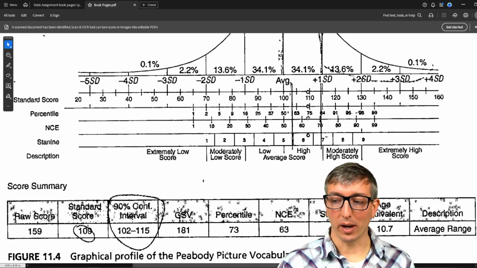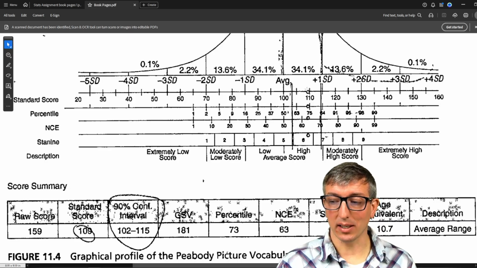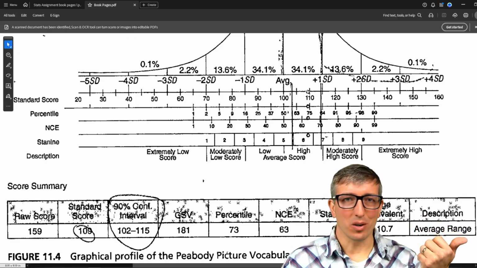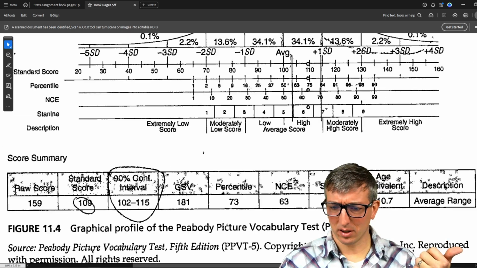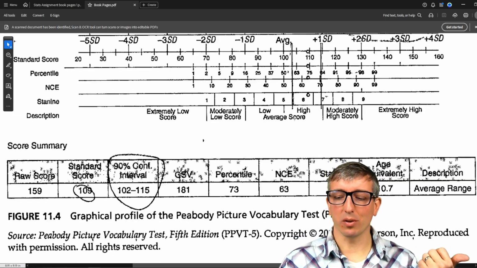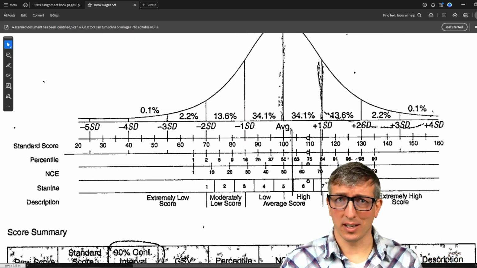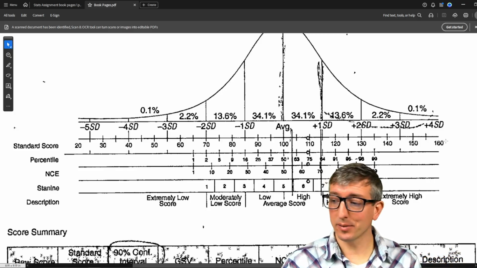So what's in the table here is reflected up here. And you notice they're all right on top of each other. That's intentional because all of these are the same thing. It just depends on, do we use the number 109? Well, most people don't know what scale this test is. Which one is this, by the way? Oh yeah, the Peabody Picture Vocabulary Test. Most people don't know how many questions it's out of or what 109 actually means out of 160 or whatever that is, 180.